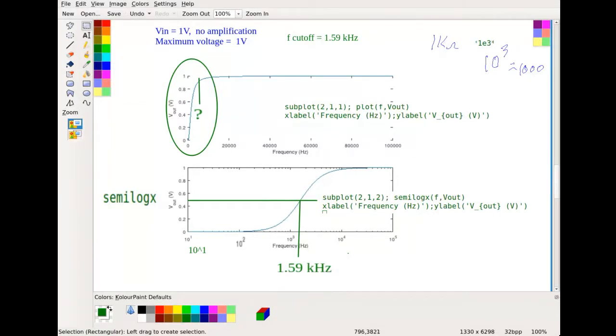Anytime you go out and buy some sort of device that has a frequency response, they always give you the frequencies plotted in this semilog format, so that you can see these values. Again, this part right here is our half power.